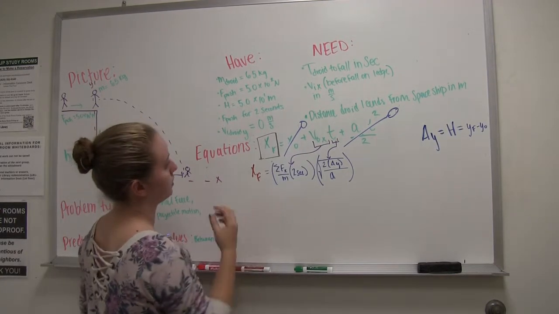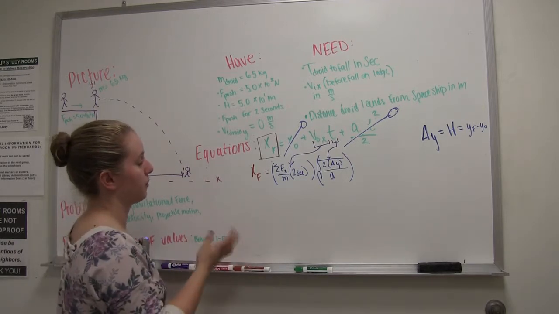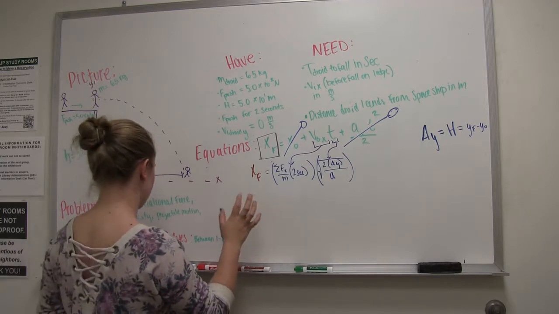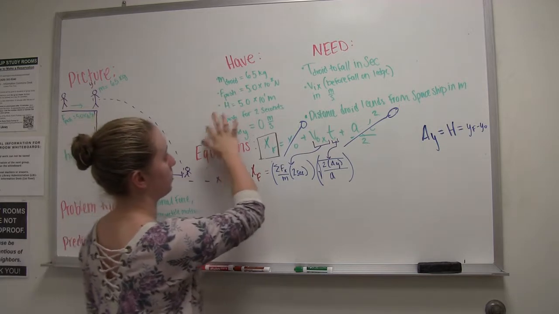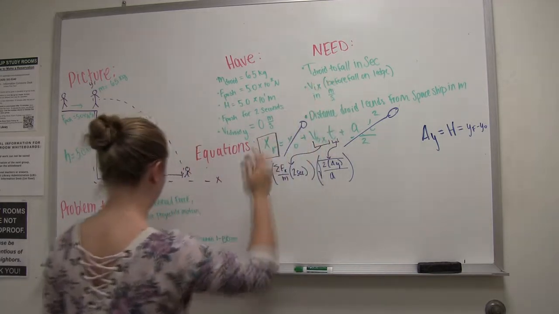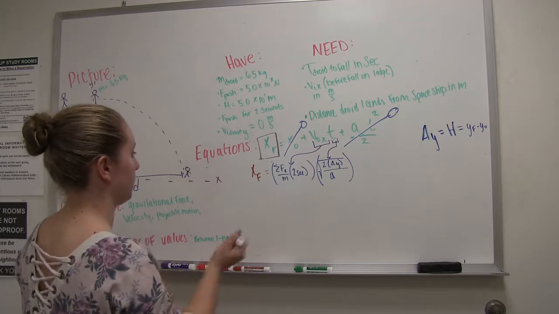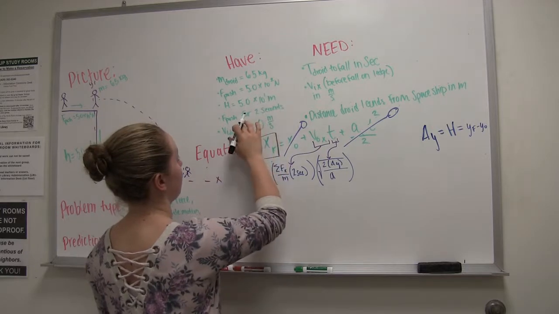Now this is a point in the problem-solving steps that I like to call plug and chug. So this is really easy because now we have all of our listed values, everything we needed, and we can plug it in. So I'm going to do it in black, and I'm going to do sum of F push.